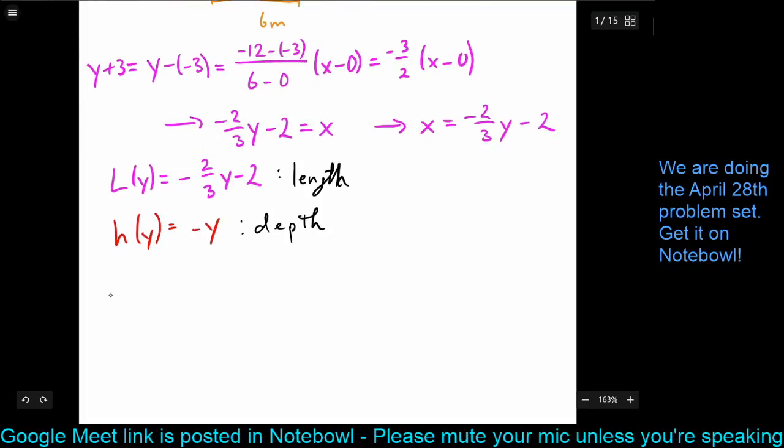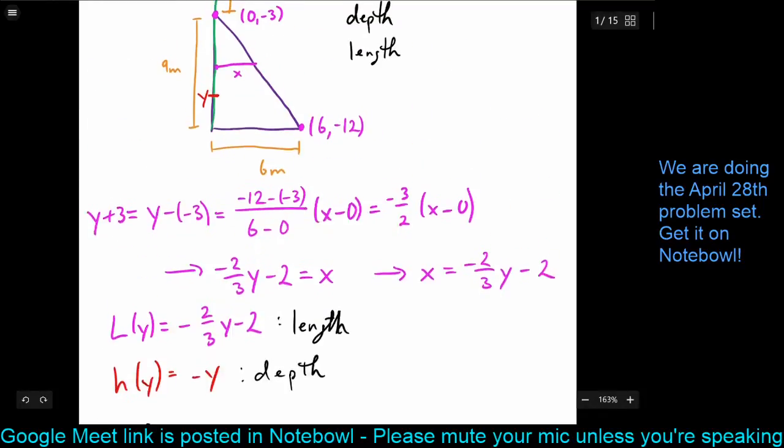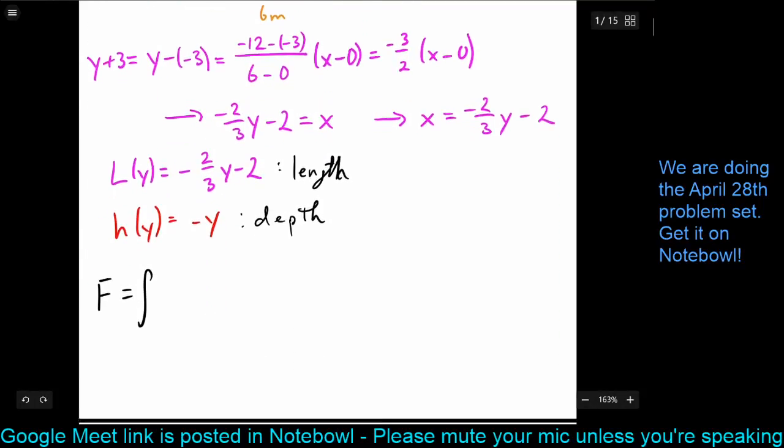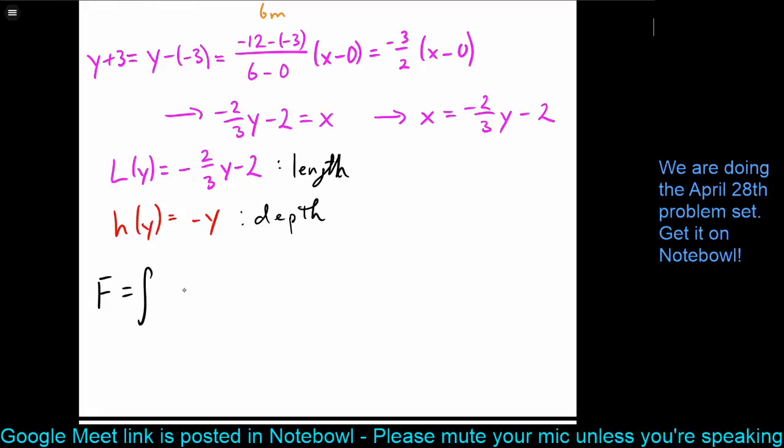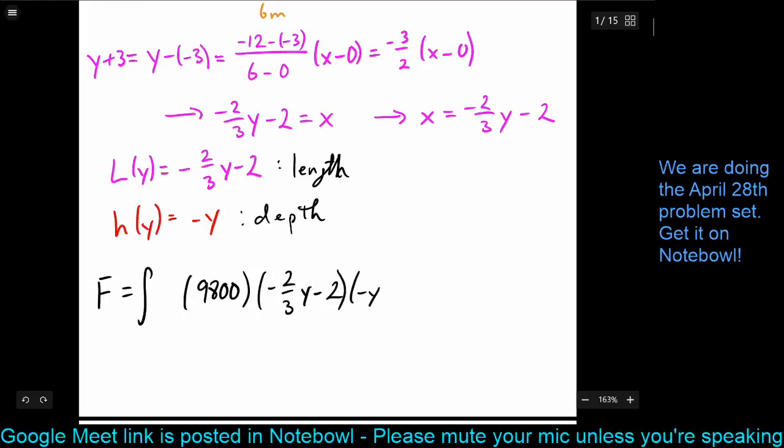Okay, so then the total force is going to be the integral. Remember, it's weight density times length times depth. So the weight density in this problem is 9,800, times the length, which is -2/3 y minus 2, times minus y, dy.